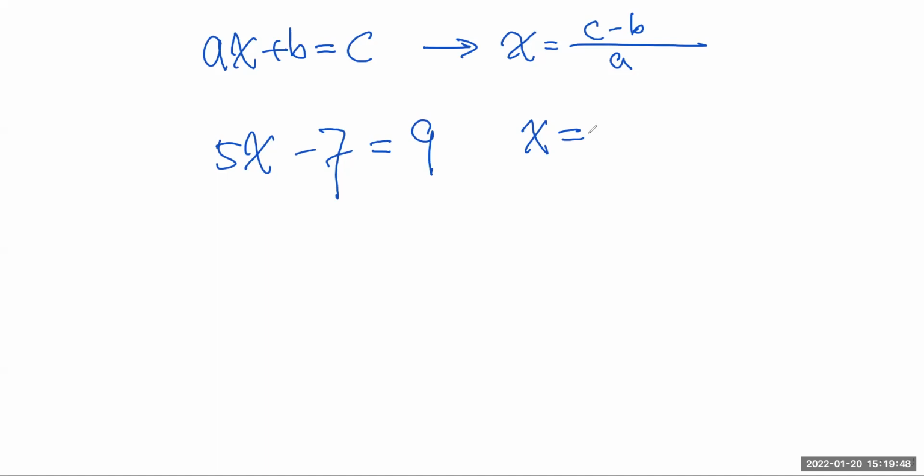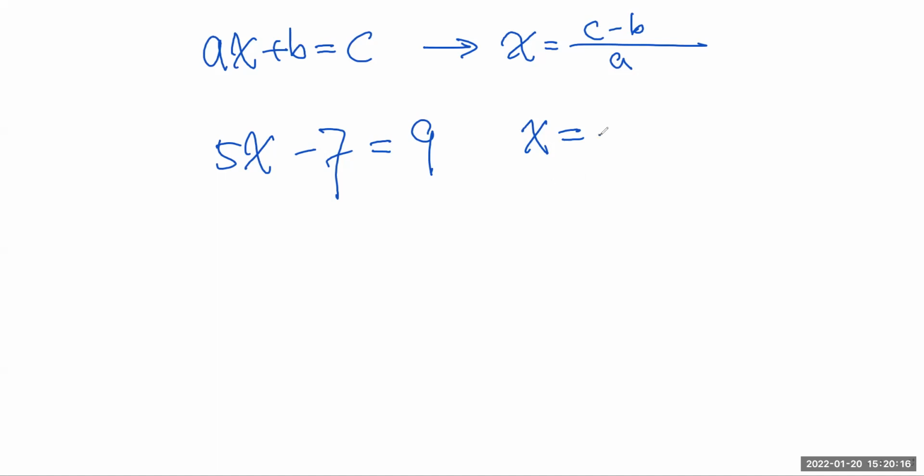Okay, so x is equal to 9 minus 7 over 5. This is 2 over 5. Is 2 over 5 the correct answer?